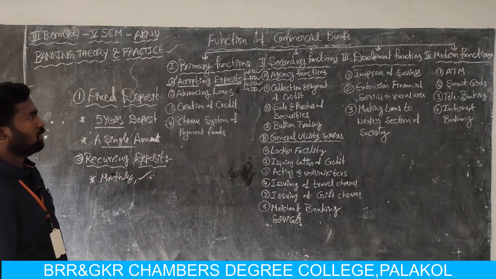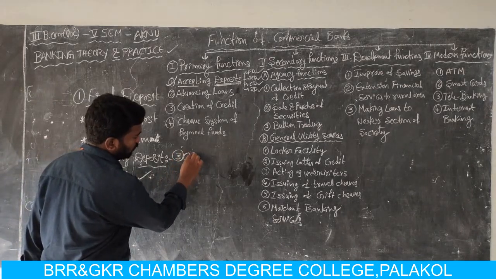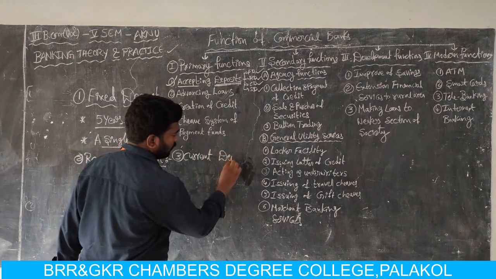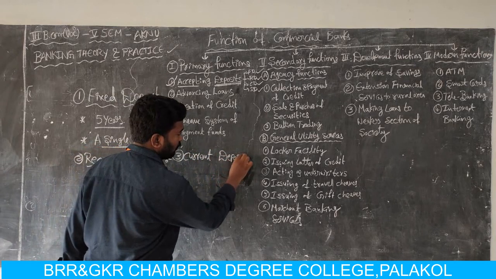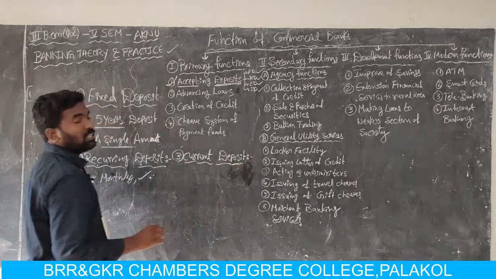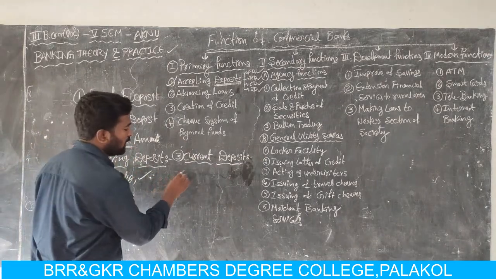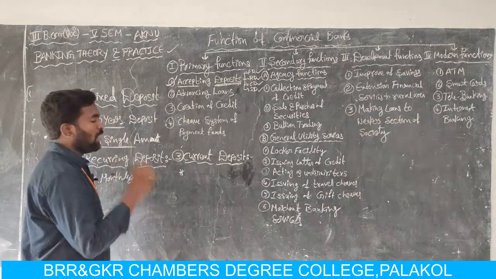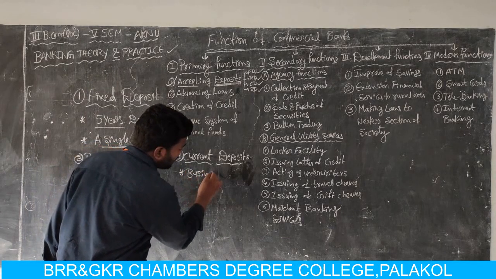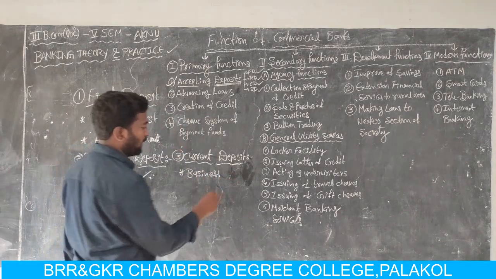Then the third one, current deposit. It is needed by those who compulsorily maintain a business, so businessmen take a current deposit account in the bank.